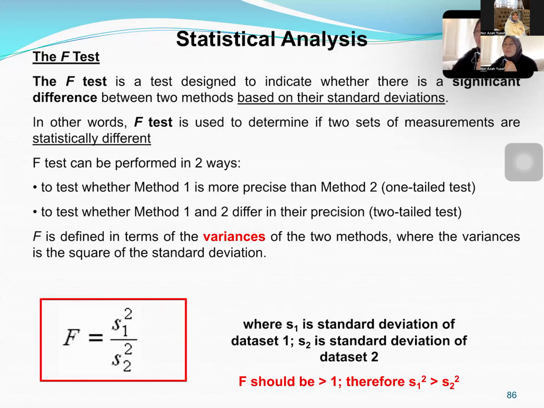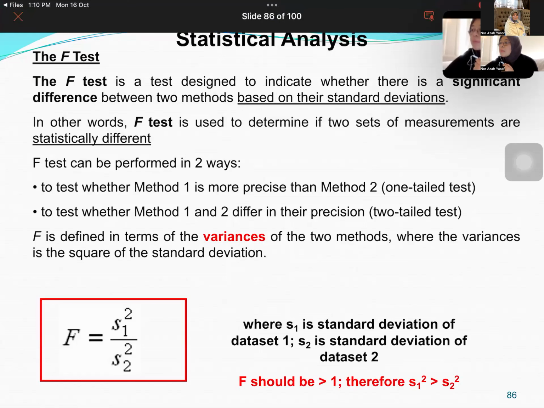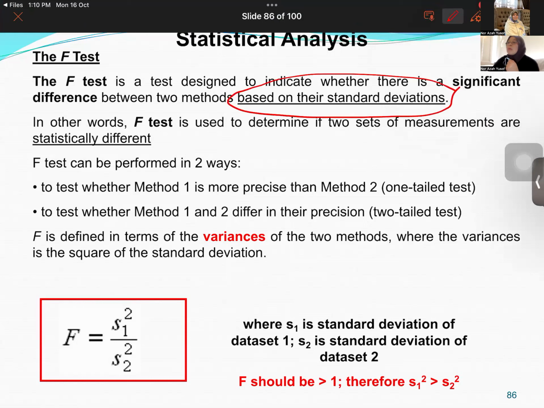Just now we know the standard deviation formula, and we also know standard deviation is related to precision. In other words, the F test is used to determine if two sets of measurements are statistically different.